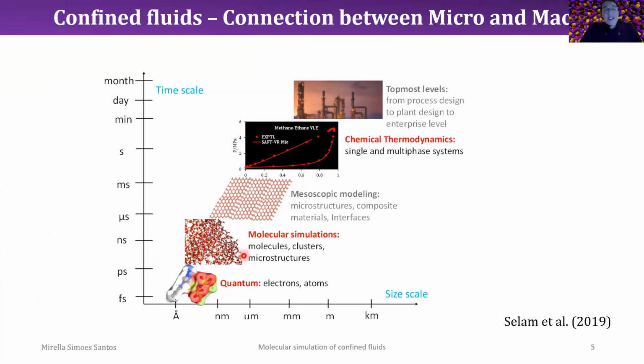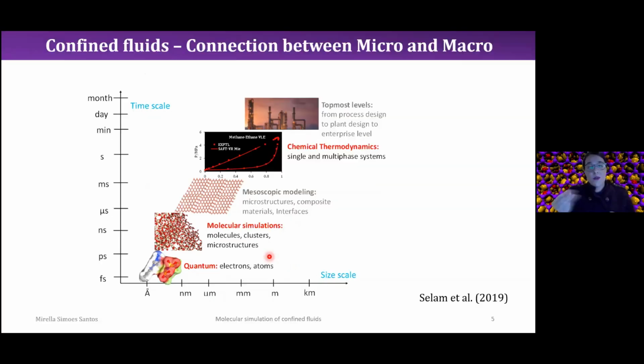If we think in terms of the microscopic properties of these confined fluids, we would be doing analysis on this level, especially using molecular simulation. So we could understand the interactions of the fluid with the walls and how those interactions affect the properties of our fluid.